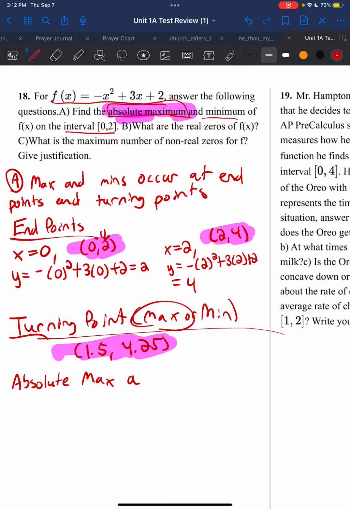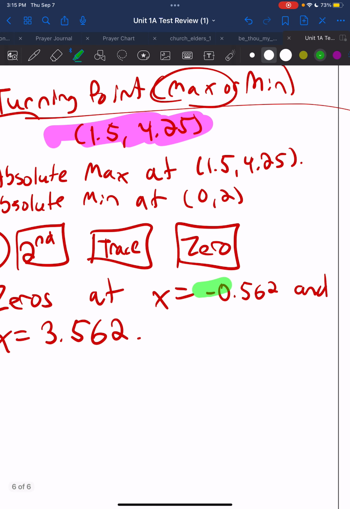I can have imaginary zeros, but I know by the fundamental theorem of algebra that because this is a degree 2 function, highlighted in green here, the maximum number of zeros is 2. And I've got 2 zeros here, this and this. So that takes up all the zeros that I have. When it asks what is the maximum number of non-real zeros for f?